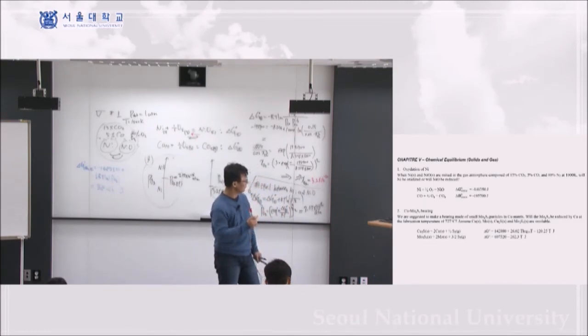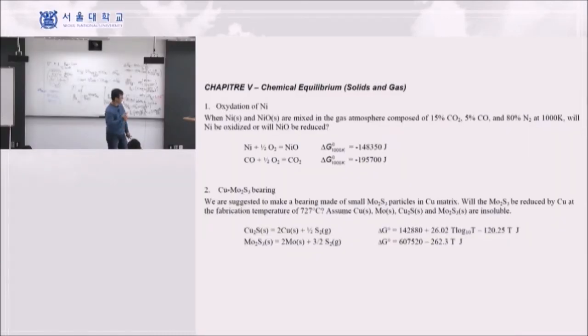So molybdenum sulfide Mo2S3 is inside the copper matrix, and will this Mo2S3 have a chemical reaction with the copper and then reduce to another sulfide or not at this 727 degrees Celsius, 1000 degrees Kelvin, basically? And assume that the copper solid Cu, the molybdenum Mo, the Cu2S, and the Mo2S3, all of them are insoluble in each other.